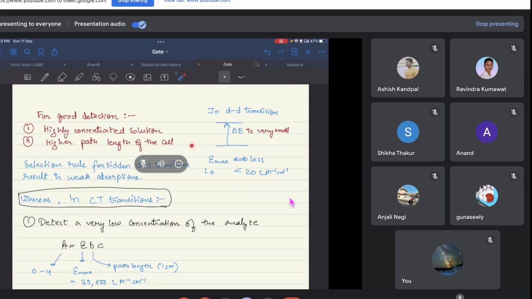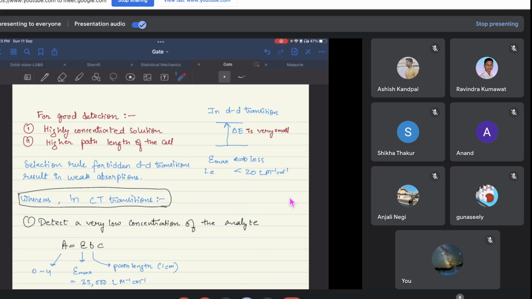This gives me the point that for good detection, I should take a very high concentration solution, or even a higher path length of the cell.